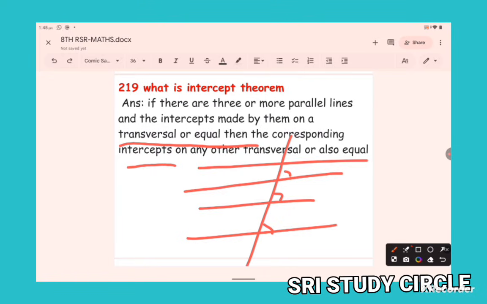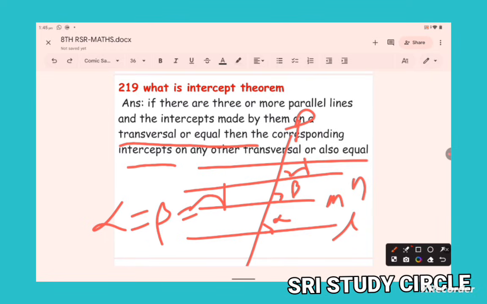So corresponding angles are equal, alternate interior angles are equal, alternate exterior angles are equal for all these parallel lines. L, M, N, and P is a transversal. Suppose alpha, beta, gamma: alpha is equal to beta is equal to gamma.